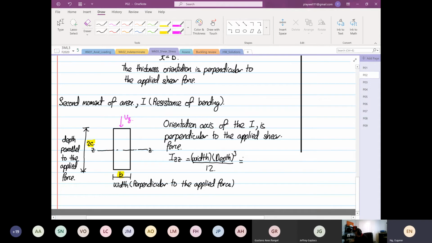The width is B. The depth is 2C to the cube divided by 12. So this will be equal to 8BC cube divided by 12. So this will be equal to 2/3 BC cube. Okay, that's equal to 2/3 BC cube.